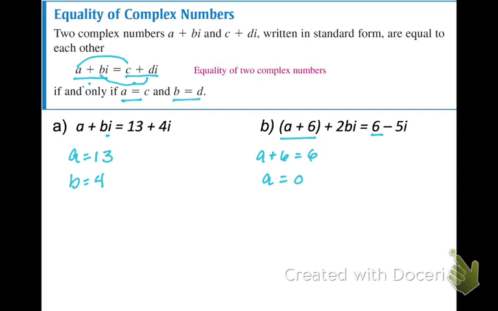Okay. And then 2b equals -5, so b equals -5/2. It's one of those things that will trip you up, but it shouldn't, should it?